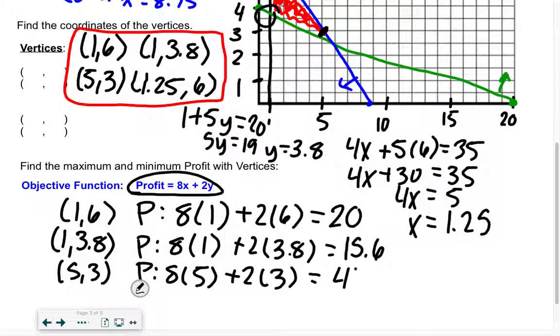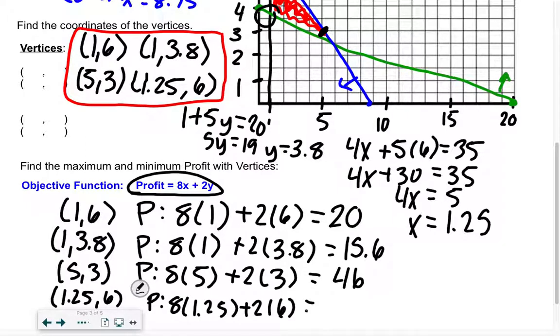And that gives me 46. Then one more, 1.25, comma 6. So 8 times 1.25 plus 2 times 6. And that gives me 22.